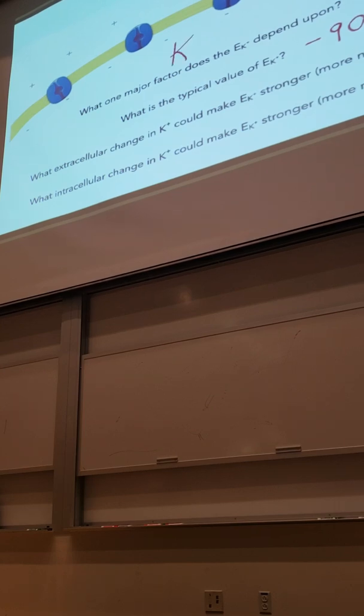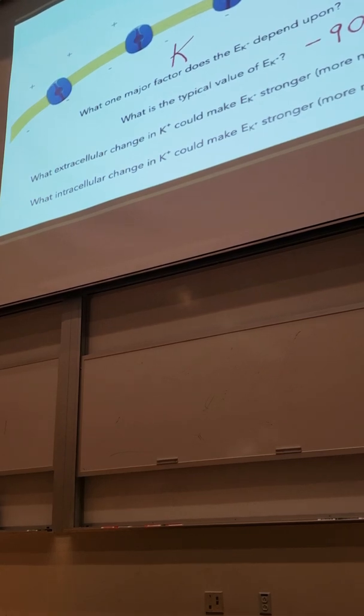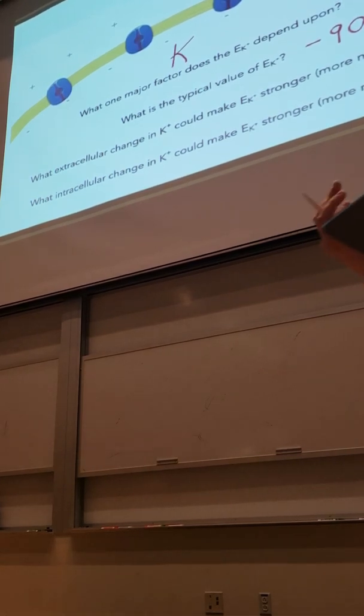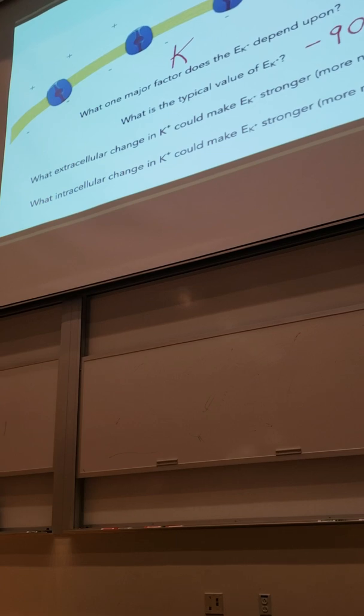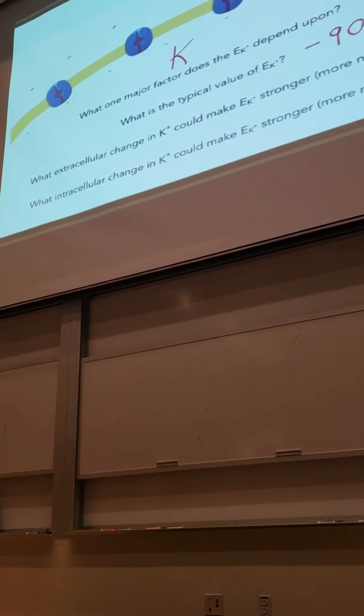Have less potassium outside the cell, so the concentration gradient pushes it out more. Right, so if we have less potassium out of the cell, we'll have a bigger gradient. Let's say we could bring that down even further. Instead of 4 or 5 millimolar, we could have 3. That would give us an even stronger potential, which would be more negative.